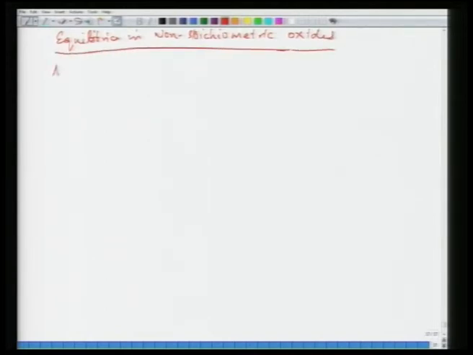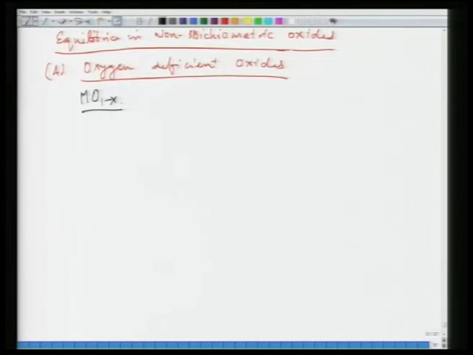So first we will take the case of oxygen deficient oxides. So oxygen deficient oxides means MO1 minus X. Okay.